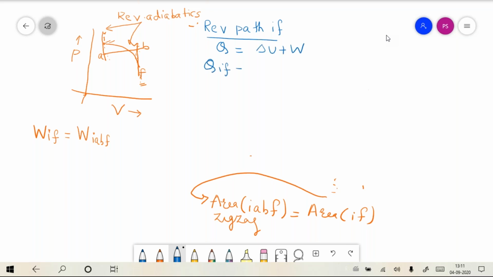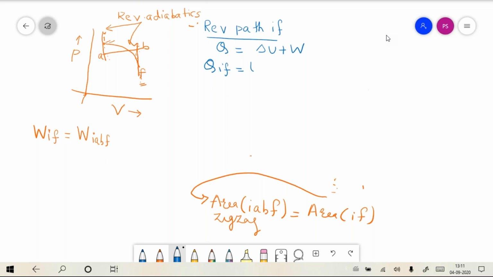It means that Q_IF is equal to delta U_IF plus W_IF. Let me call this equation 1, and the internal energy relation equation 2.